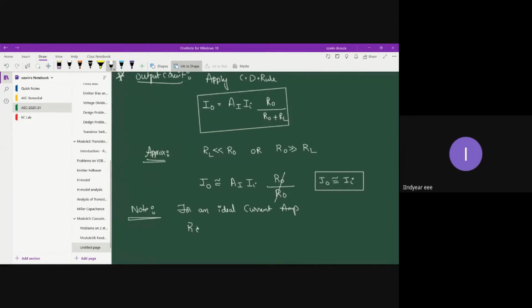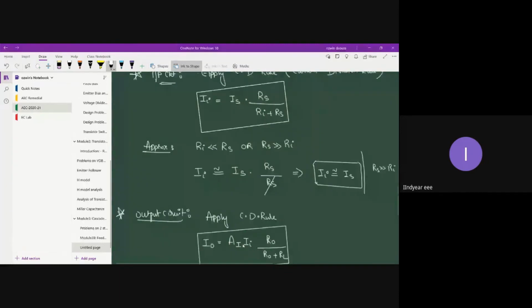Ri should be 0, and Rs should be infinity, and R0 should be infinite.